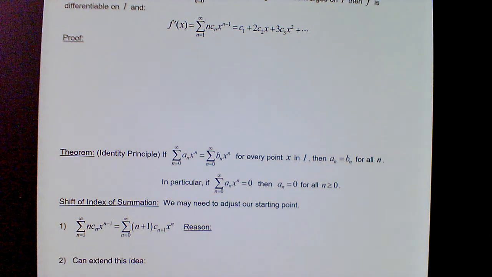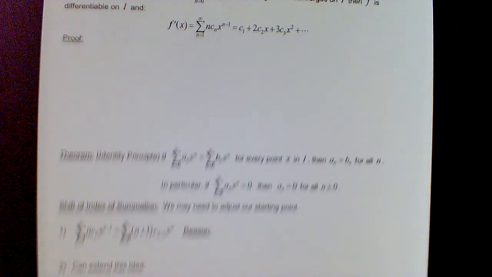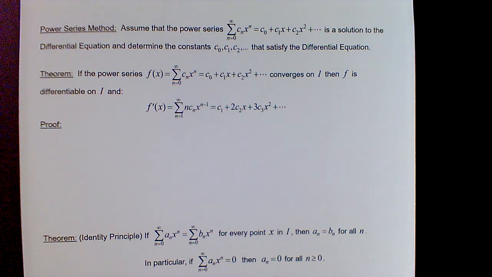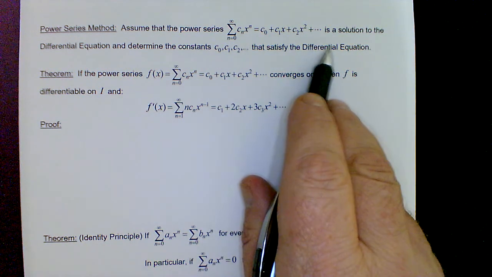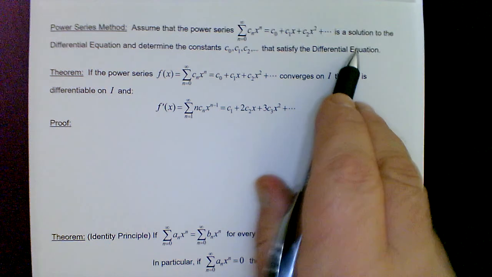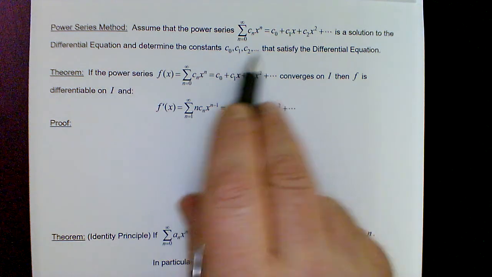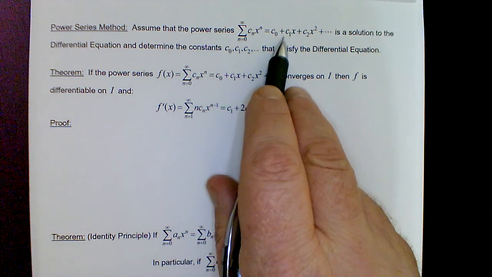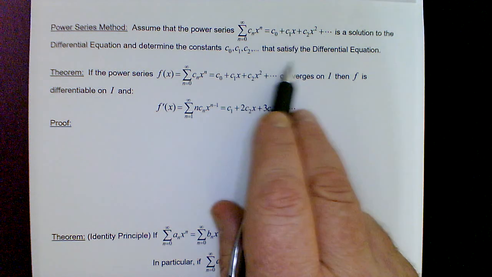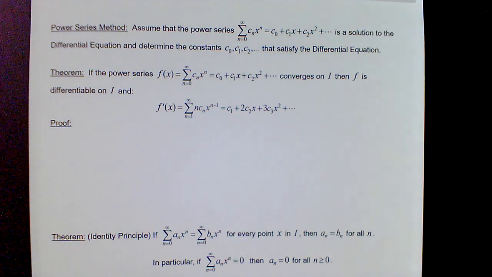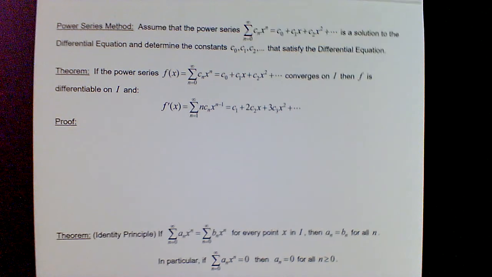But some of the theory is that we're going to assume that the power series, just your basic power series, c sub n x to the n, as n goes from 0 to infinity, is a solution to the differential equation. And then we're going to find these constants, C0, C1, C2, and we'll have an infinite polynomial. And then we're going to be able to express it as an elementary function like we just did.